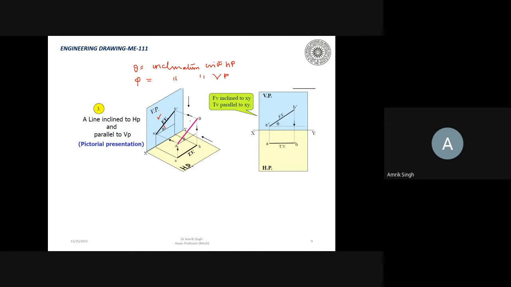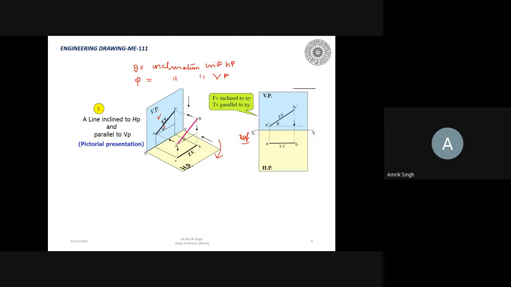And if you see from the top, the projection of A will be small a and the projection of B will be small b, and this will be a straight line only. Okay. So when you open this up, again this will be a reference line. Reference line you have to draw. And then you have to draw this AB and this theta.